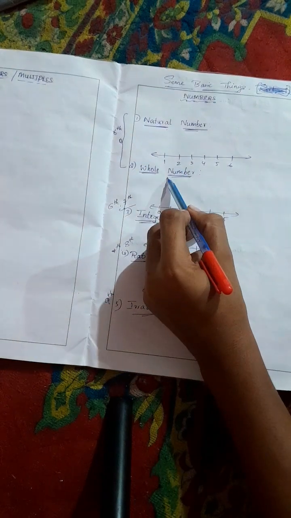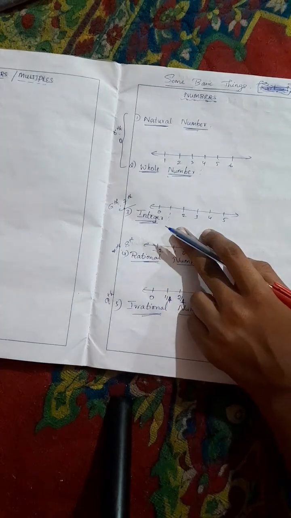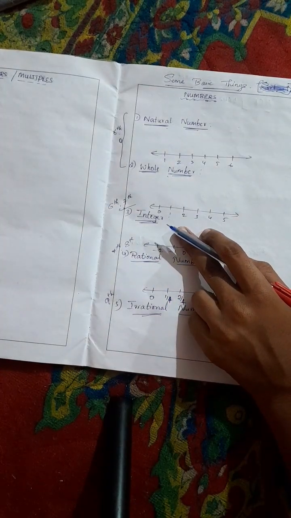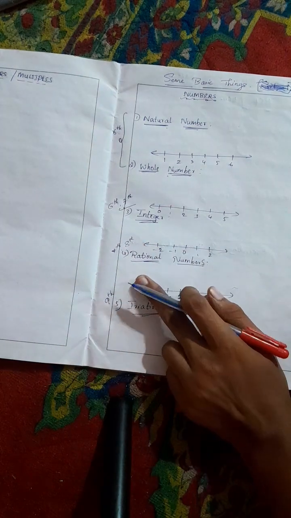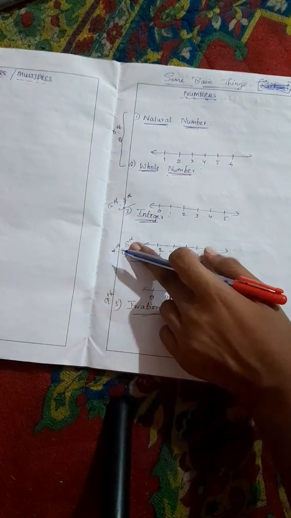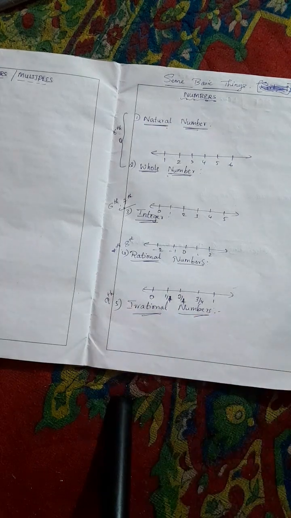Natural numbers and whole numbers we will be learning in sixth standard. These two numbers are very easy. Integers, you learn in sixth and seventh standard. You learn rational numbers in seventh and eighth standard. You learn irrational numbers in ninth standard.